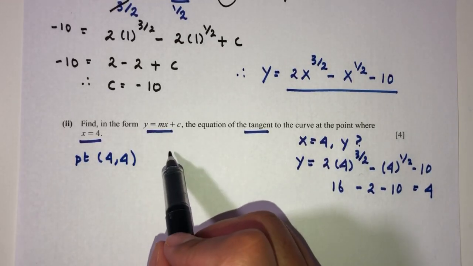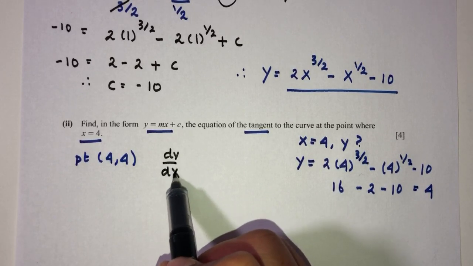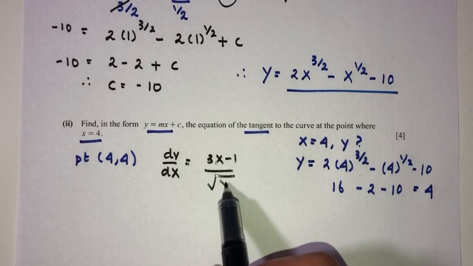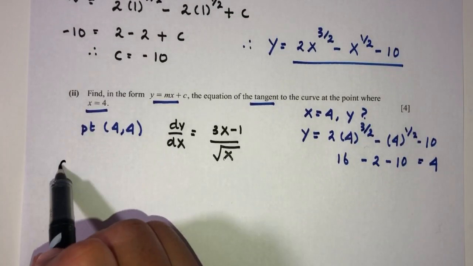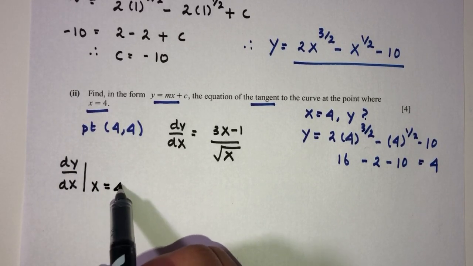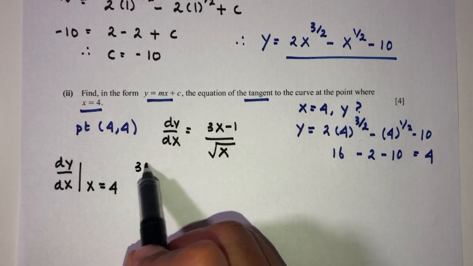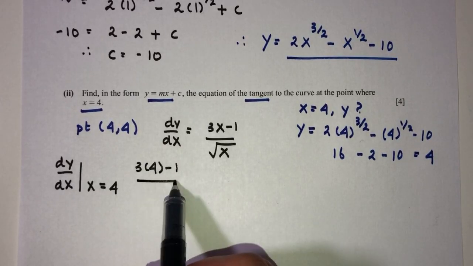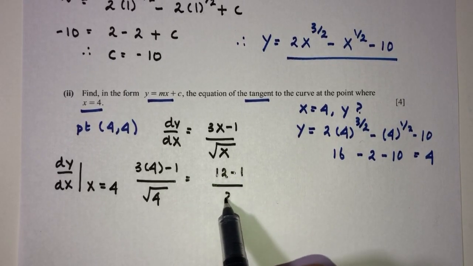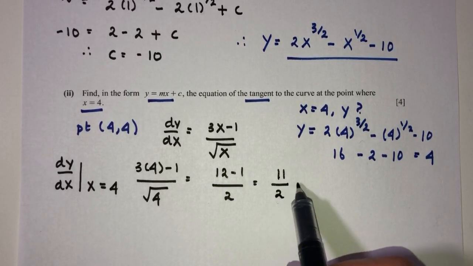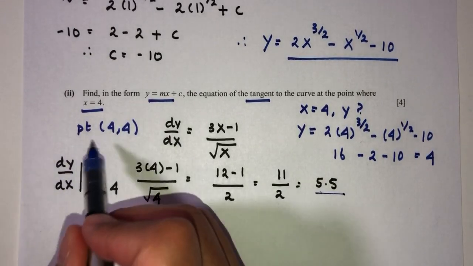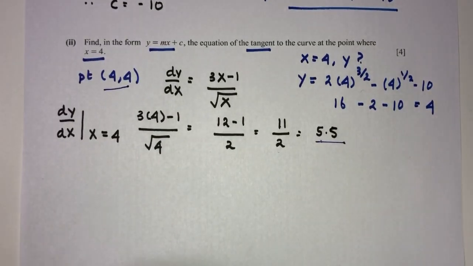So now we know the gradient of the tangent is dy by dx. It is equal to (3x minus 1) over root x. So let's find dy by dx at x equal to 4. That will be 3 times 4 minus 1 over root of 4. That will be 12 minus 1 over 2, 11 over 2, that will be 5.5. So you know the gradient, you know the passing point, you can find the equation pretty easily.